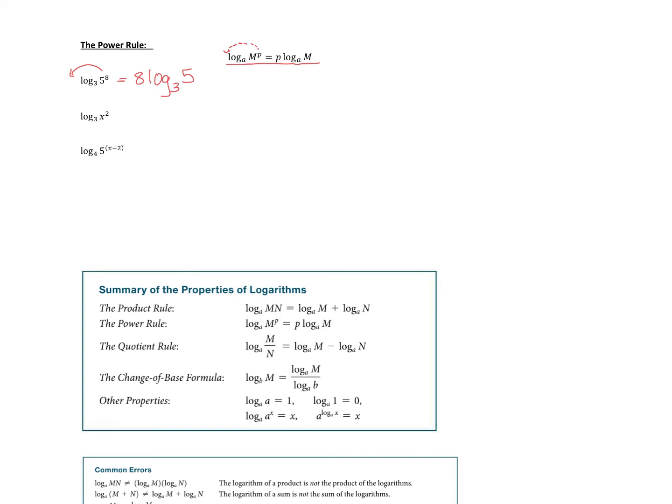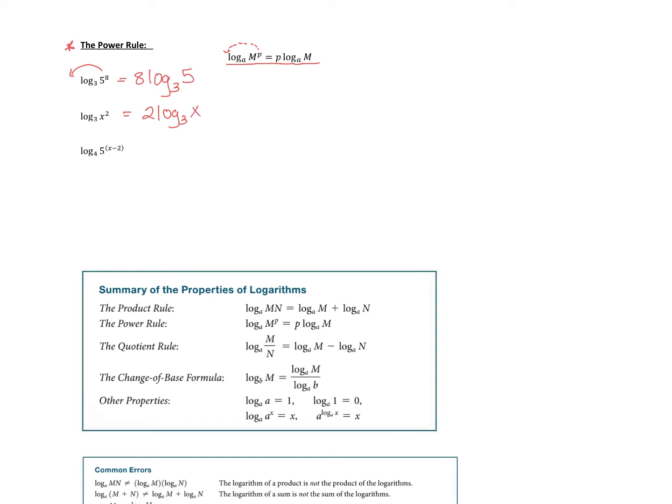To be honest, this power rule is probably one of the most powerful tools, something like the zero product rule that helps us solve lots of equations. For this next example, we'll bring the 2 down to log base 3 of x.